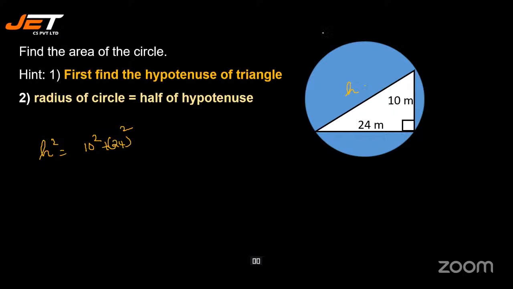So 24 into 24 is 576. So h square is 100 plus 576. That is 676.